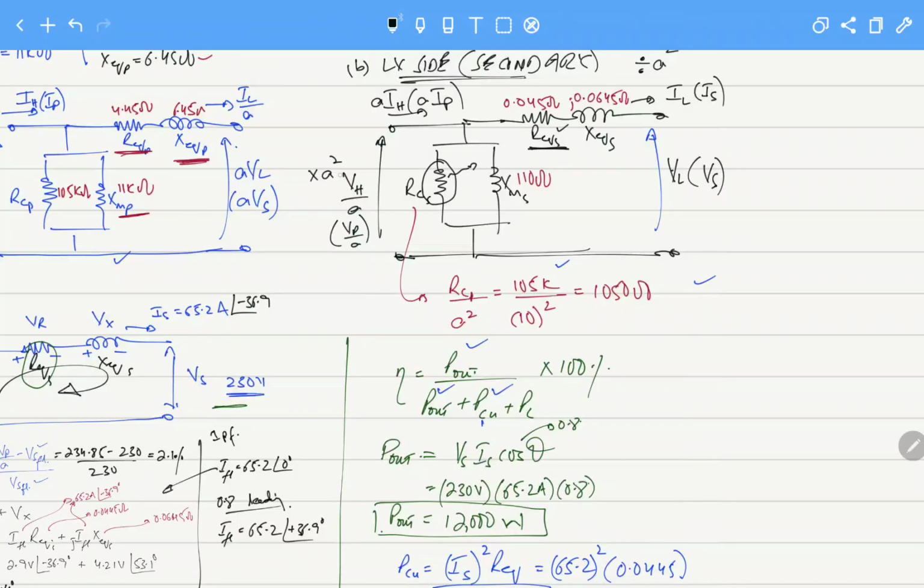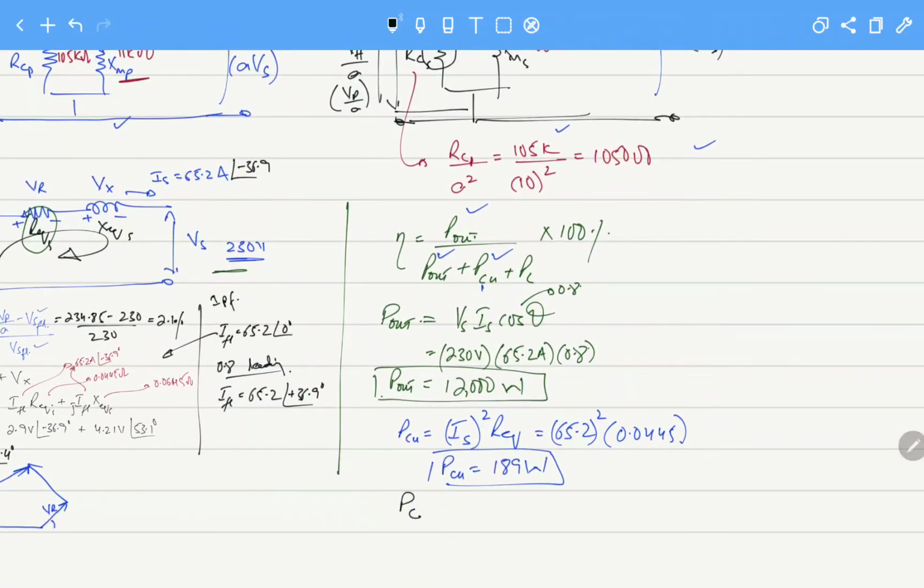So what is the voltage across this? If you know the voltage across this, can we calculate the core losses? Yes.